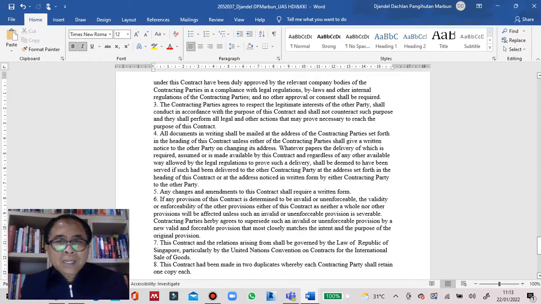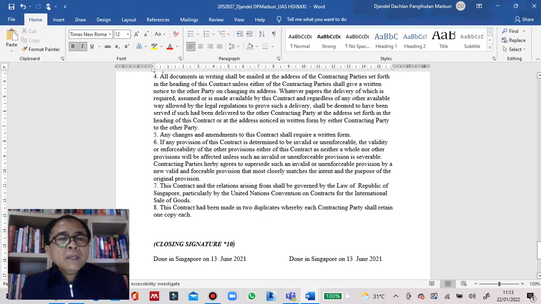Whatever papers the delivery of which is required, assumed or made available by this contract, regardless of any other way allowed by the legal regulation to prove such a delivery, shall be deemed to have been served if delivered to the other contracting party at the address set forth in the heading of this contract, or at the address notified in written form by either contracting party to the other party. 5. Any change or amendment to this contract shall require a written form.